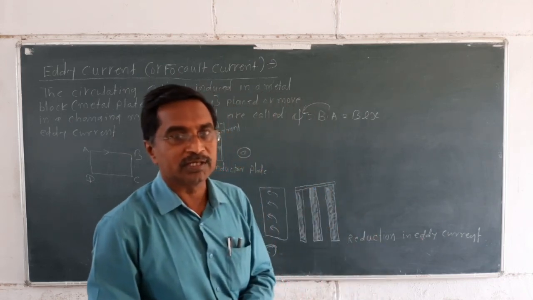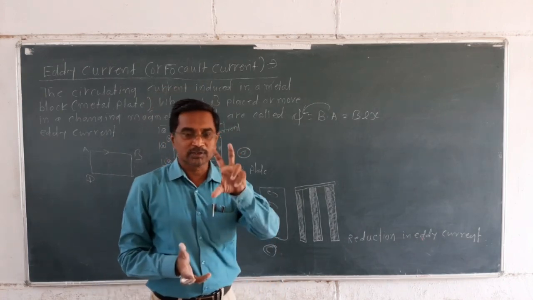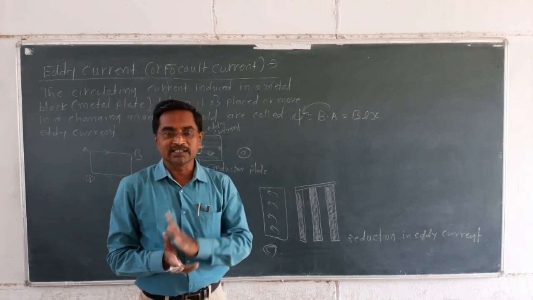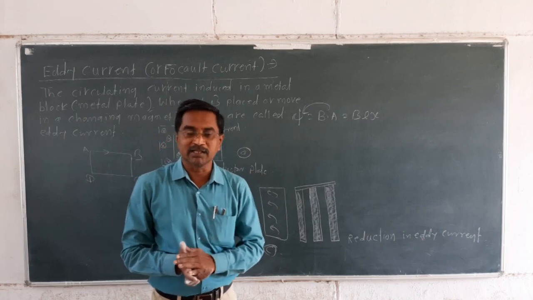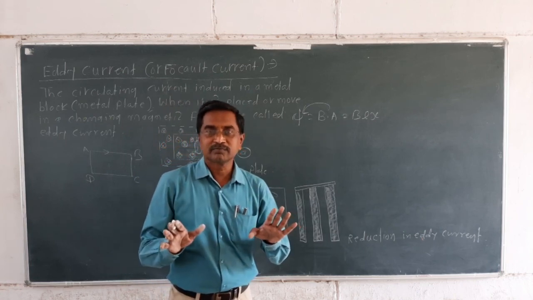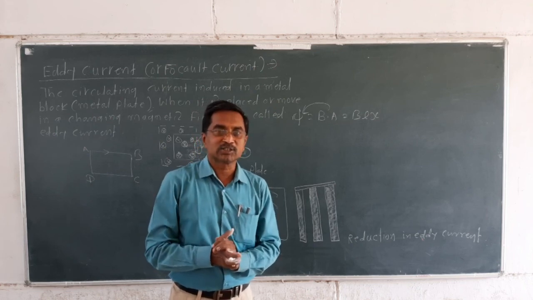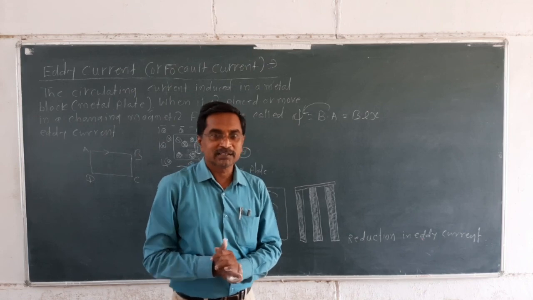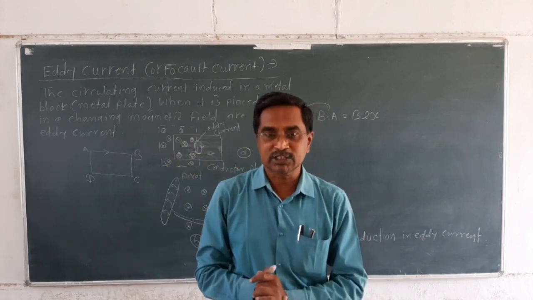But even though, see, the first application is the deadbeat galvanometer. You know the galvanometer. In that galvanometer, the eddy current is used. Second one is the speedometer. If you take any vehicle, a motorcycle, bike or four-wheeler, the speedometer is there, and that speedometer works on the principle of eddy current. Next one is the induction furnace.